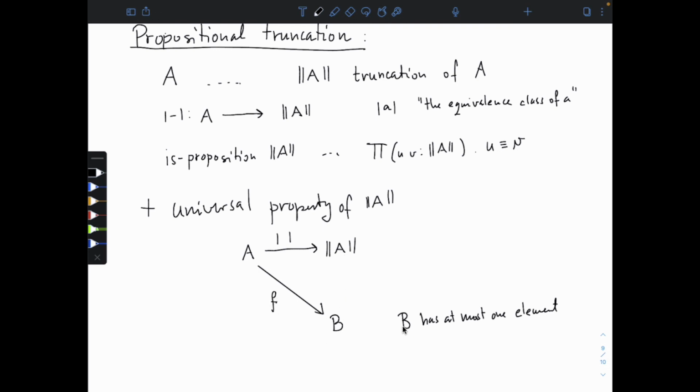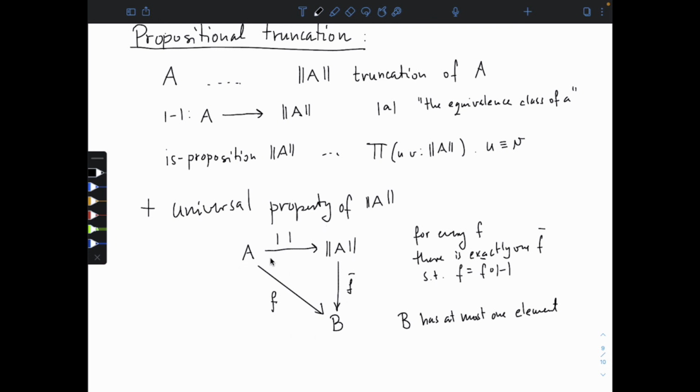Will I get a map there? The answer is you will get a map there. And in fact, you will get just one map there. So for every f, there is exactly one f bar such that this commutes, such that f equals f bar composed with this thing.